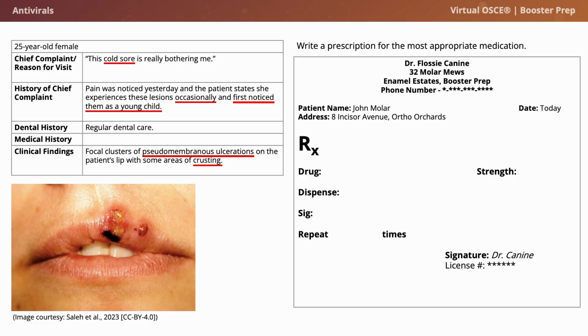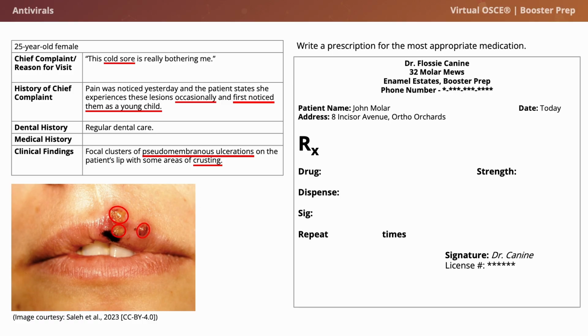Usually cold sores arise from recurrent herpes infection, and they occur after a patient has already been infected, usually in childhood, by herpes. A presentation like this, with sores like this, is very characteristic of a recurrent herpes simplex infection. Clinically, we see focal clusters right here, right here, right here, of pseudomembranous ulcerations.